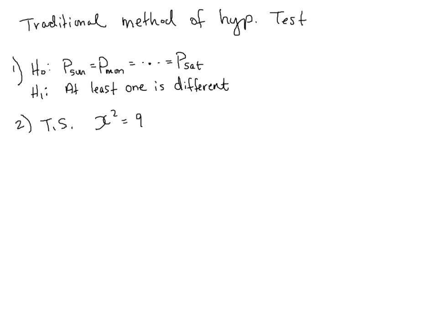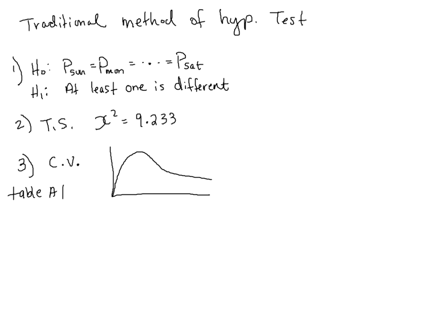Our test statistic is the same one. I'm just copying it down. That's our 9.233. And if we are using the traditional method of hypothesis testing, you need a critical value. That's our CV. You'll look at the distribution, which is from table A4. That's our chi-square distribution.